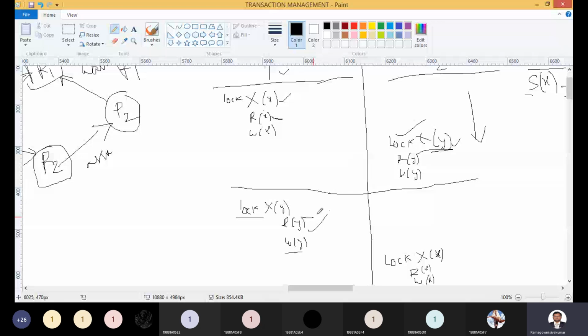So that means this T1 transaction is waiting for T2 transaction.